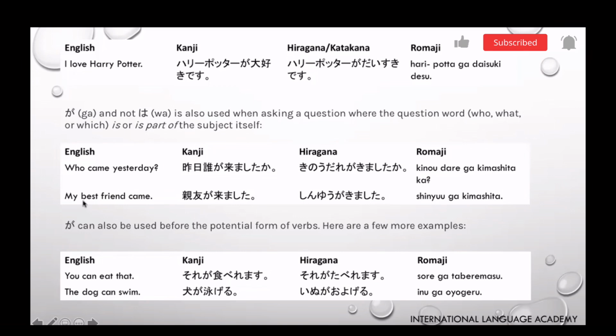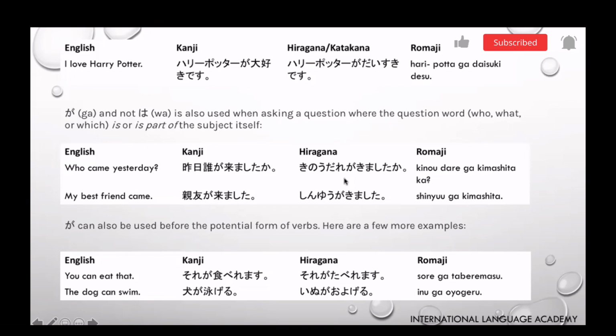When you answer the question, you have to put the ga particle clearly after the answer. 親友が来ました。親友 means best friend. Another word for 友達 is 親友 in Japanese, right? 友達 means a normal friend, but when you're talking about a best friend, you can say 親友. 誰が来ましたか?